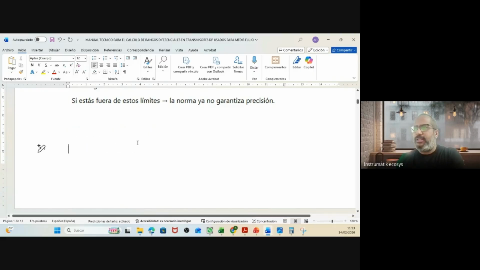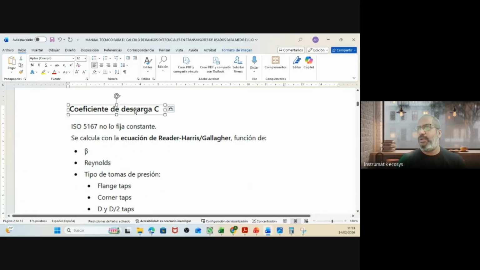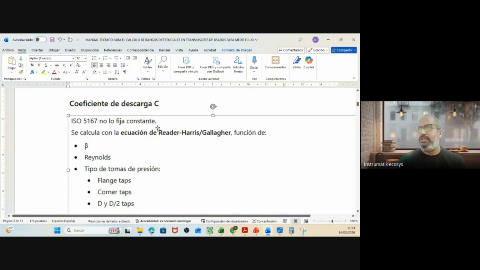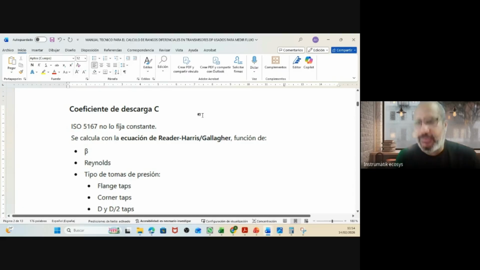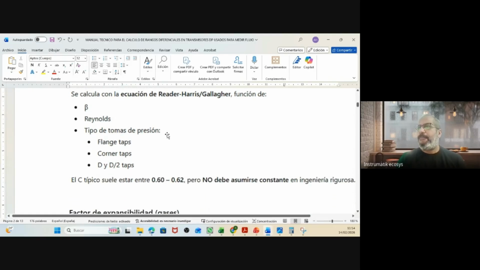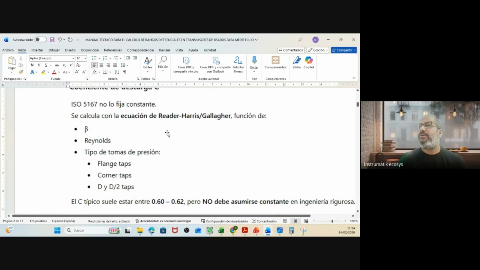This other one is the discharge coefficient. You can either calculate it, or you can have an estimation of it. This is a method to calculate it.